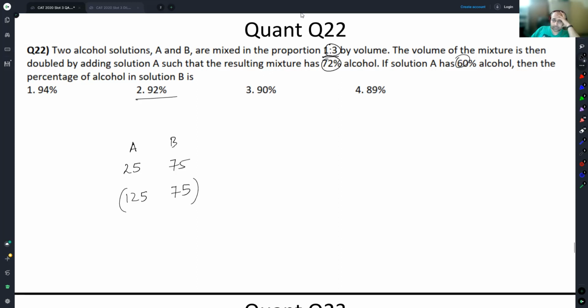Such that the resulting mixture has 72% alcohol. 125 liters have 60% alcohol.